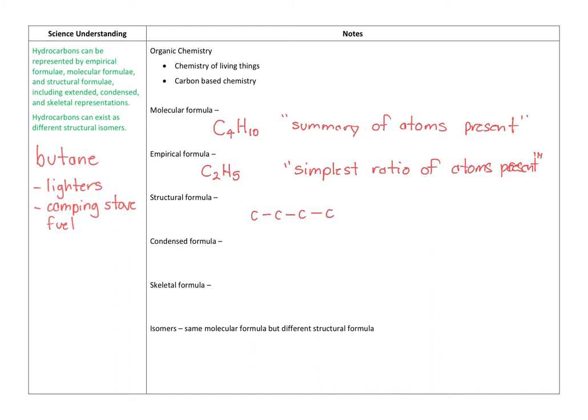So it tends to bond to lots of other things because it's got 4 electrons to share. And in particular, it likes to bond to itself, so we get a lot of these long carbon chains. And then coming off this, there will be 4 shared pairs of electrons, i.e. 8 total electrons, because a chemical bond is a shared pair of electrons. So that is the structural formula for butane.